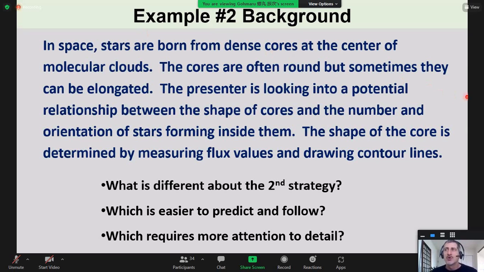And the cores are often round, but sometimes they are elongated. The presenter is looking into a potential relationship between the shape of the cores and the number and orientation of the stars that are forming inside of them. The shape of the core is determined by measuring flux values and drawing contour lines of equal flux values.